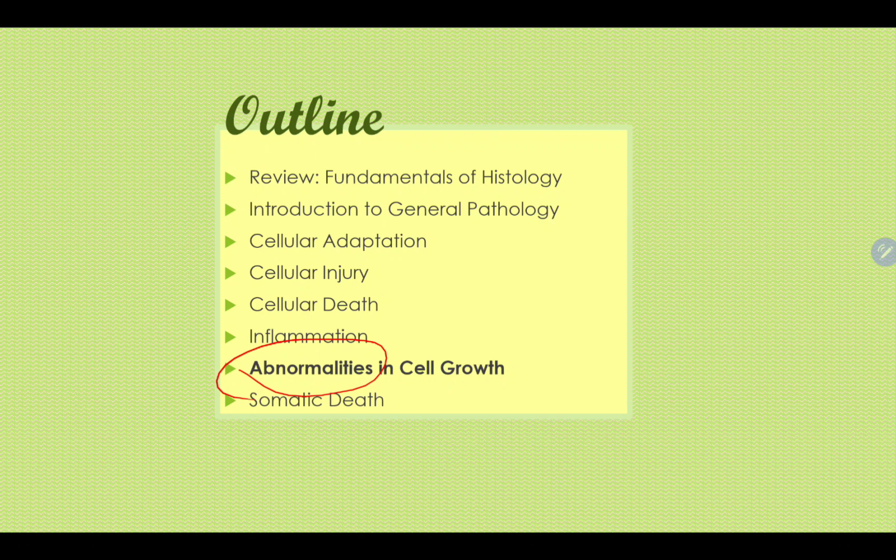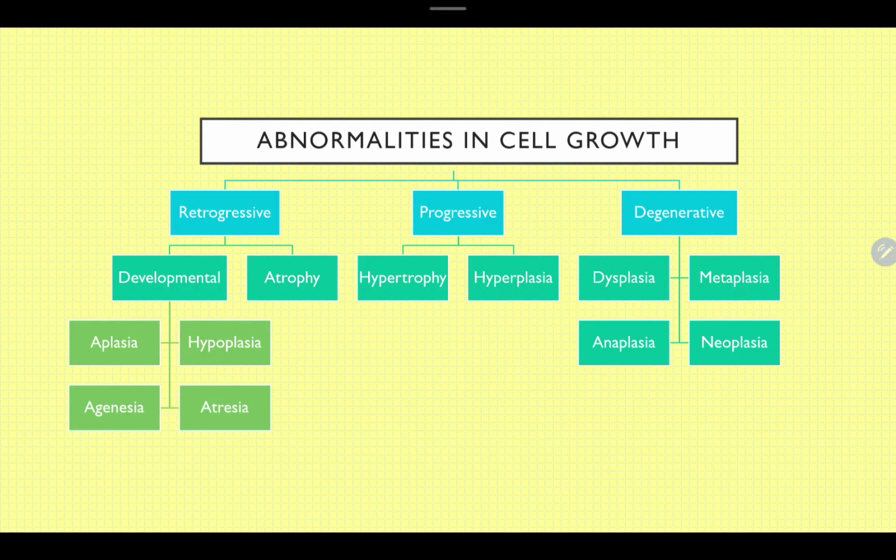Here in abnormalities in cell growth, we'll be able to categorize the different changes in the body, the different adaptations made by the body. Abnormalities in cell growth can be categorized into 3: the retrogressive, the progressive, and degenerative. This table will guide you to where those cellular adaptations belong.